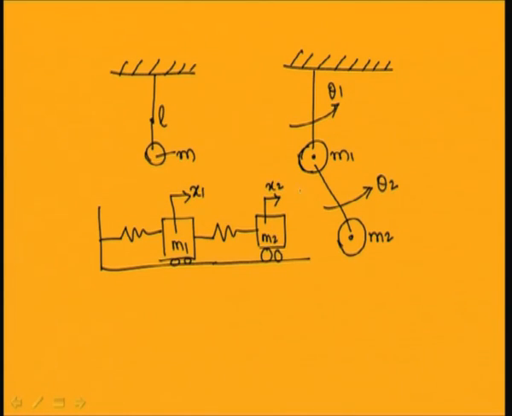Here also you require a minimum of 2 coordinates. When you require 2 coordinates to express the motion of the system, it is a 2 degrees of freedom system.